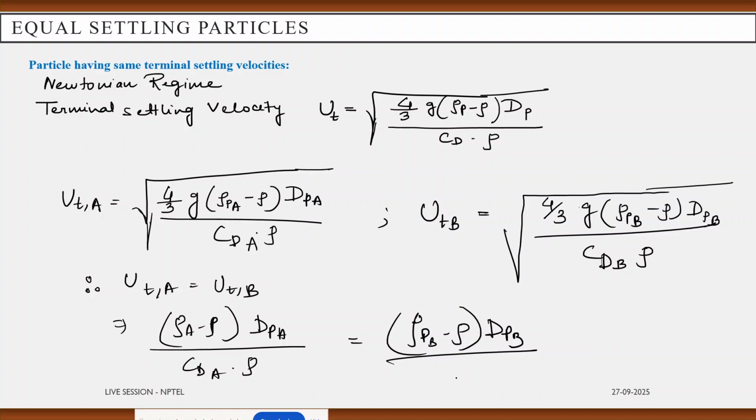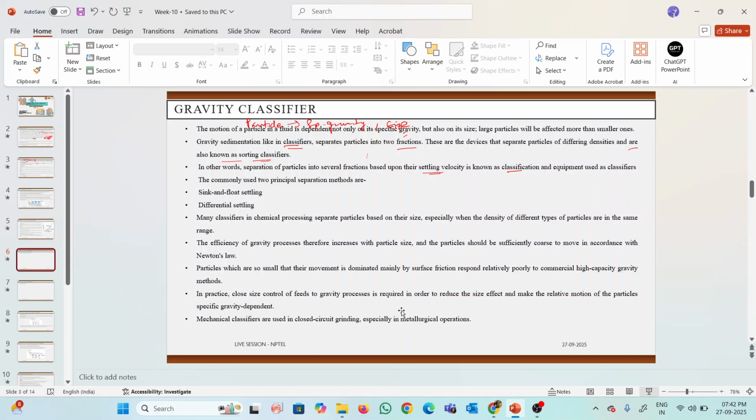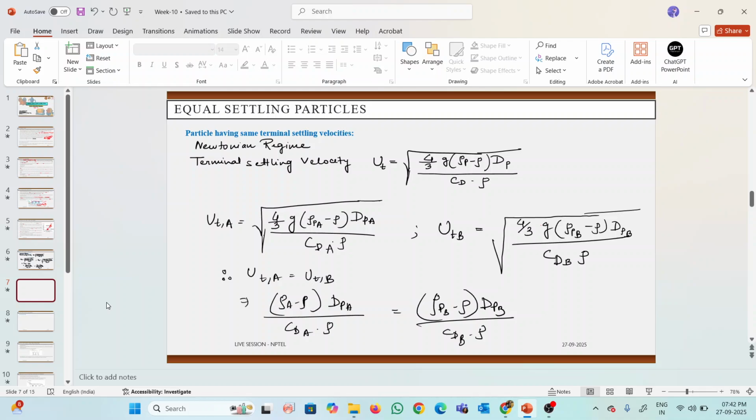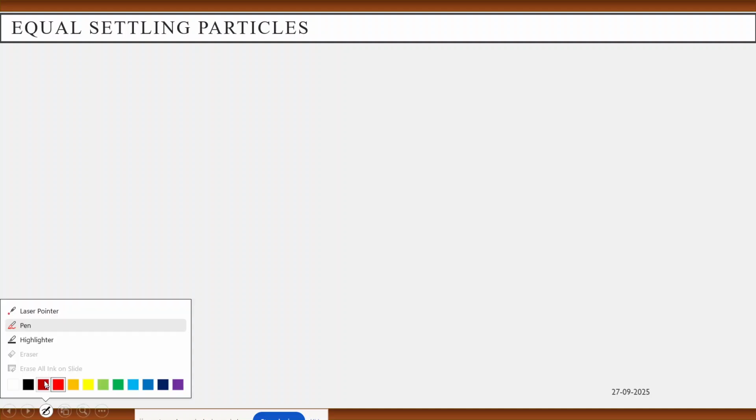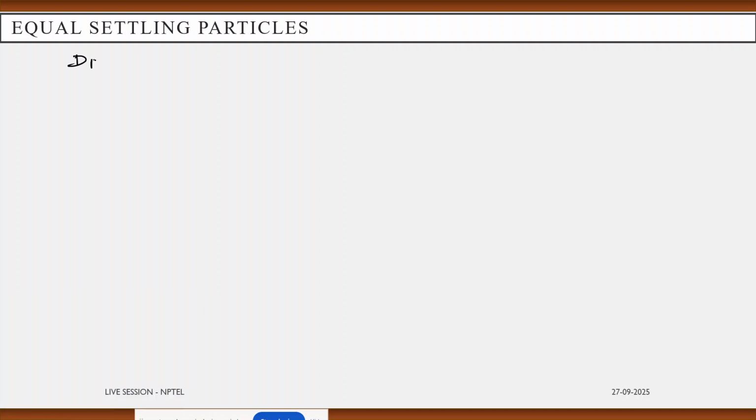Just, we have done the equating. So ultimately we get an equation like dpA by dpB equals (rho pB minus rho) over (rho pA minus rho), times CDA over CDB.